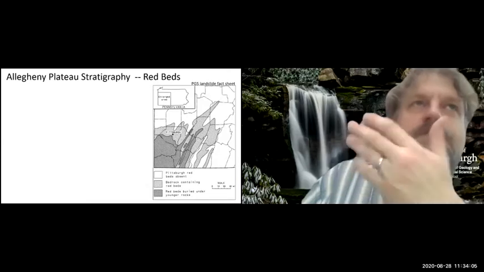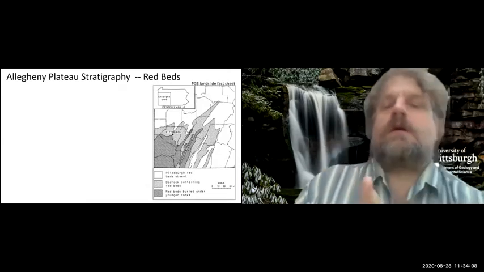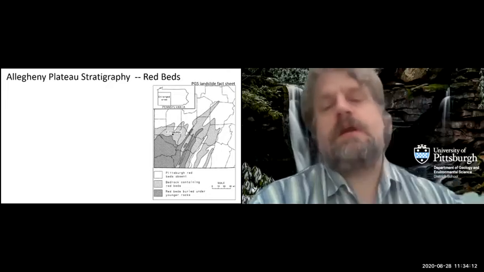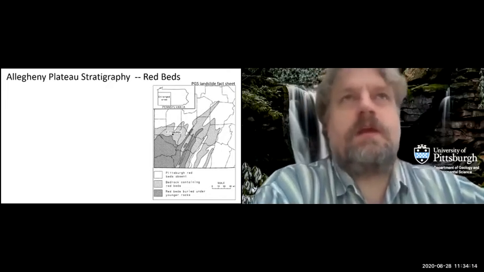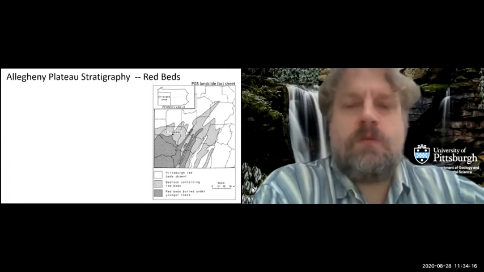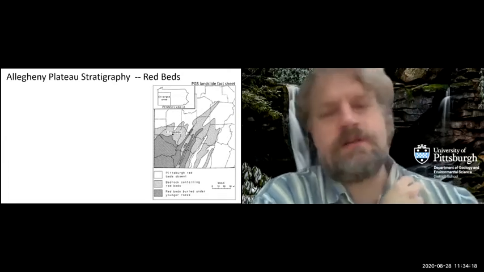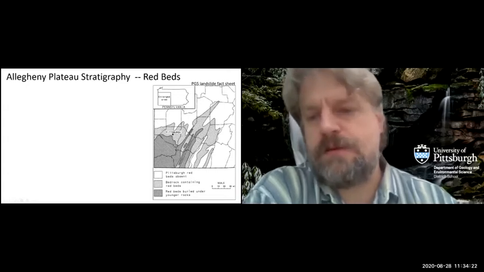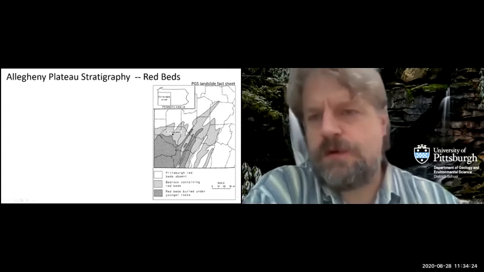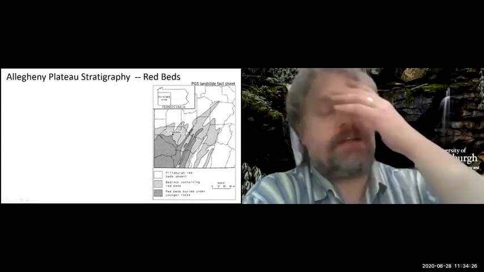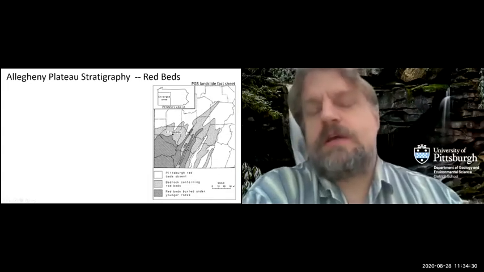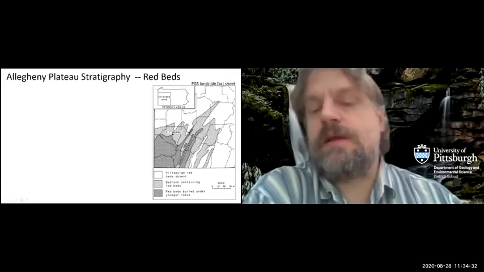I'd be remiss, so there's other things, there are specific components in this stratigraphy that are worse at holding their shape and more prone to start to deform than others. The famous one is the red beds. You're going to hear a lot about that. Here's a map from the PGS landslide fact sheet that shows where red beds are bedrock, or where the bedrock is sitting on red beds across Pennsylvania.